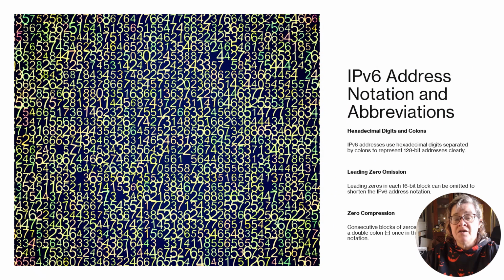IPv6 notation uses hexadecimal digits, so again that is 0 to 9, A through to F, separated by colons, with rules for abbreviation like omitting leading zeros and collapsing consecutive zeros to simplify representation. They certainly do that.